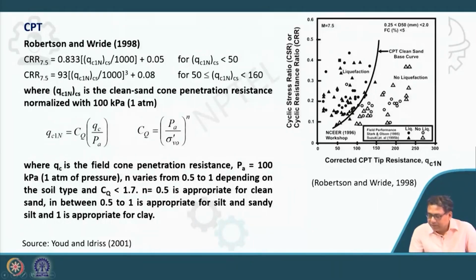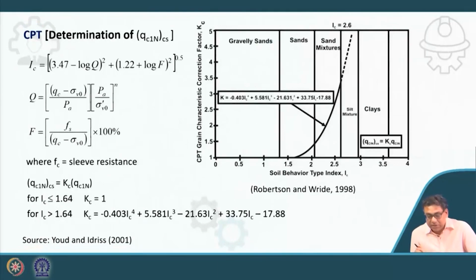You can see for less than 50 and in between 50 to 160, two equations are given. So that way you will get the CRR 7.5. Now the question is what N value I will consider when I calculate the Q, which is still unknown.